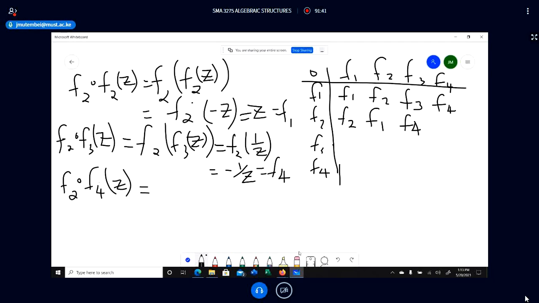So we are to show that G under the composite operation is indeed an abelian group.